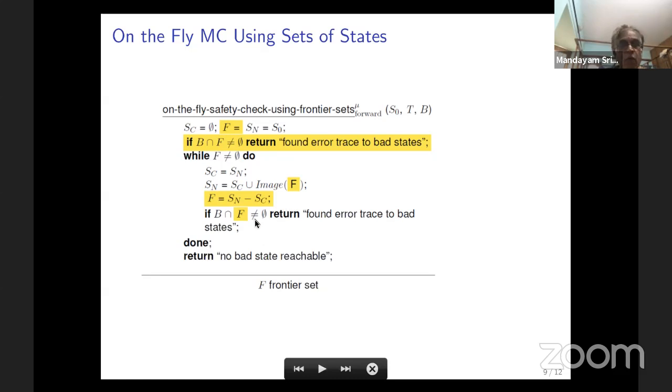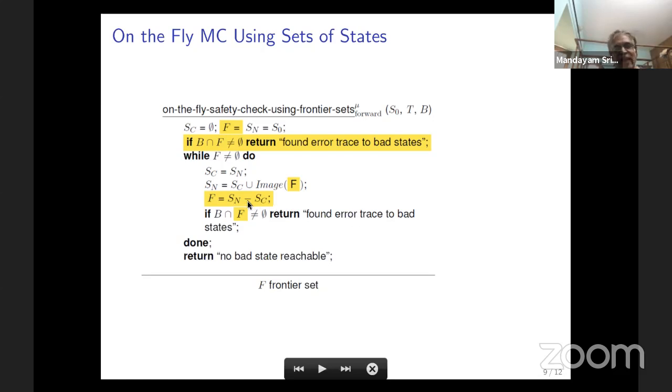So you're moving the check inside. You first check if the initial state itself contains a bad state, in which case you know that the safety property is violated. If not, then in each iteration you compute this thing.